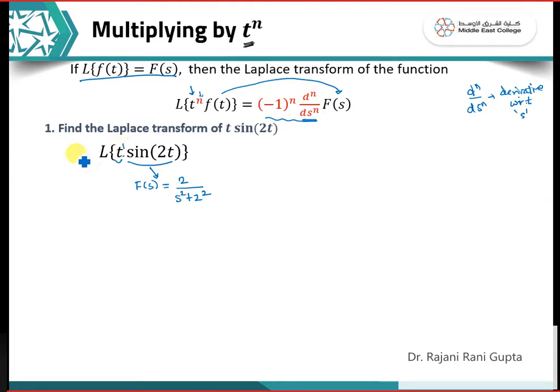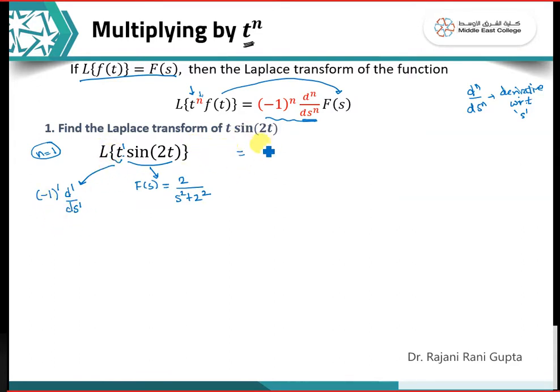Here the power is 1, so n is 1. So this gives you minus 1 to the power 1, d^1 over ds^1. We did nothing, we just replaced the value of n here. Now substitute in the formula.